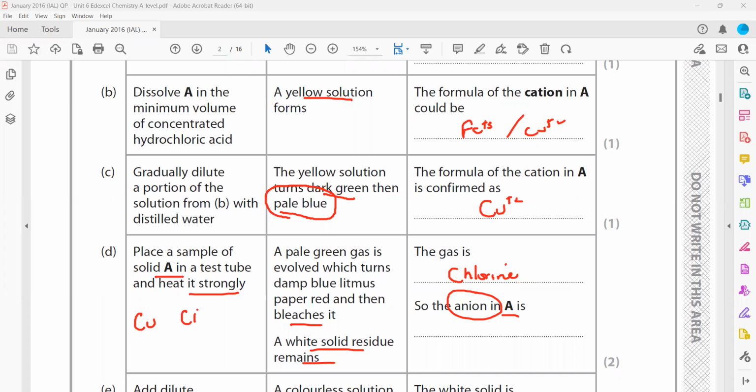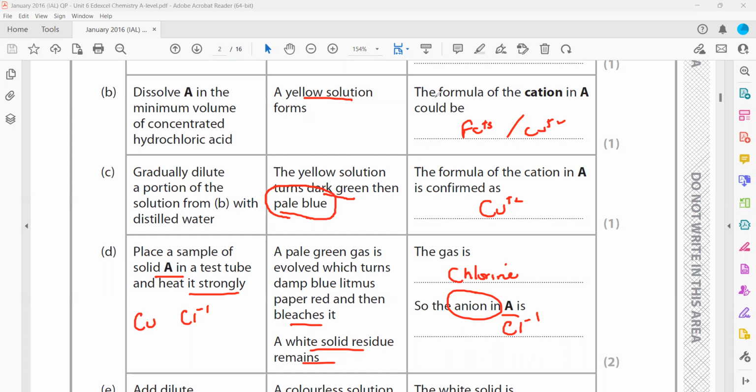Because on decomposition it gives out chlorine gas, it might be a chloride ion as well. Chlorine gas is given off, so the negative ion present, which moves towards the anode, will be a chloride ion, Cl-. And a white solid is left.